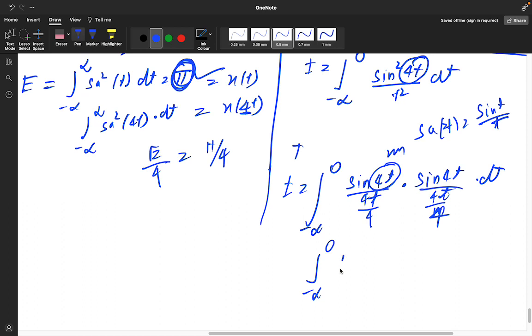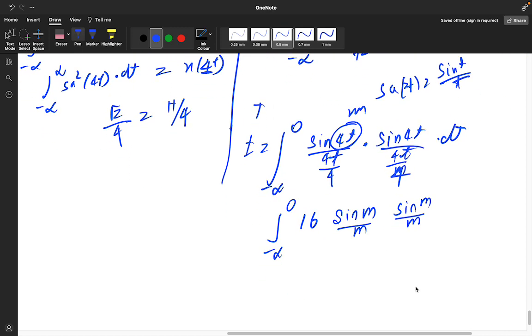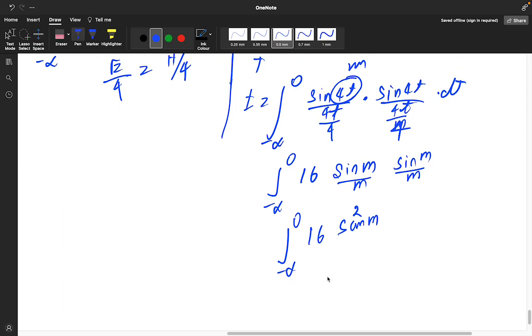This is your 16 sine m upon m, sine m upon m. And from minus infinity to 0, this is becoming sampling m. So sampling square m is coming.